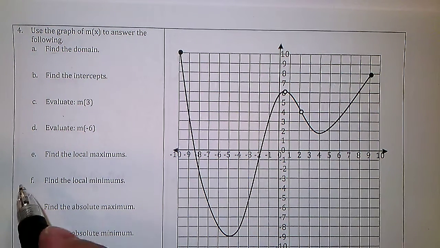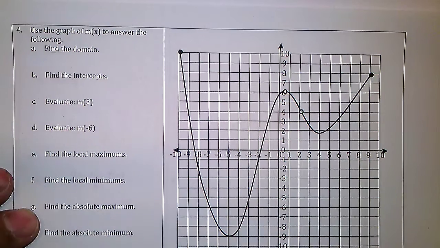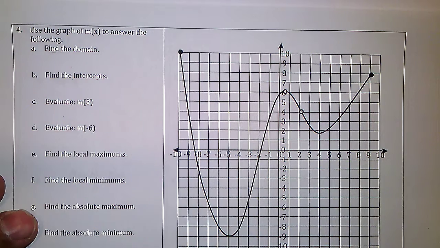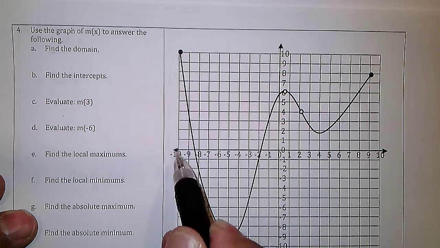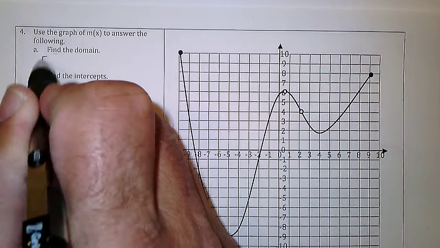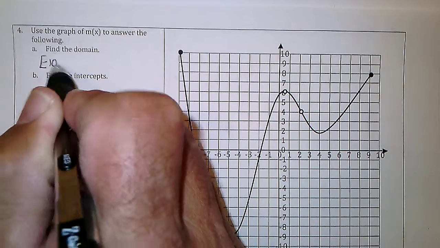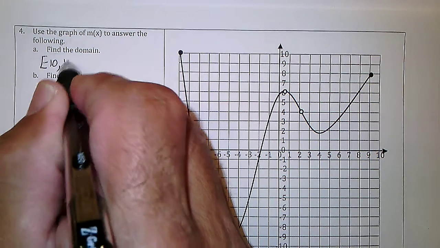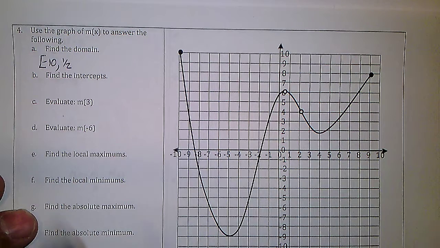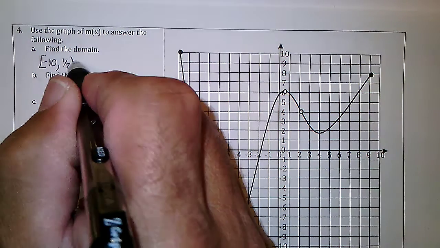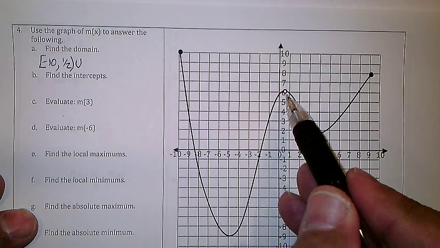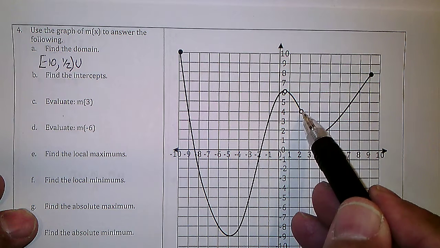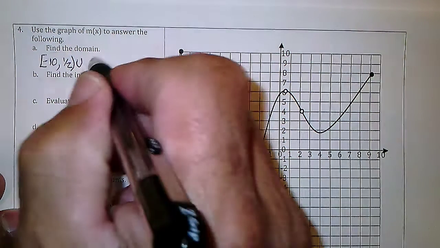So the domain, if I did interval notation, goes from -10, including -10, up to 1/2, but not including 1/2, union, then it goes from 1/2 up to 2.2.